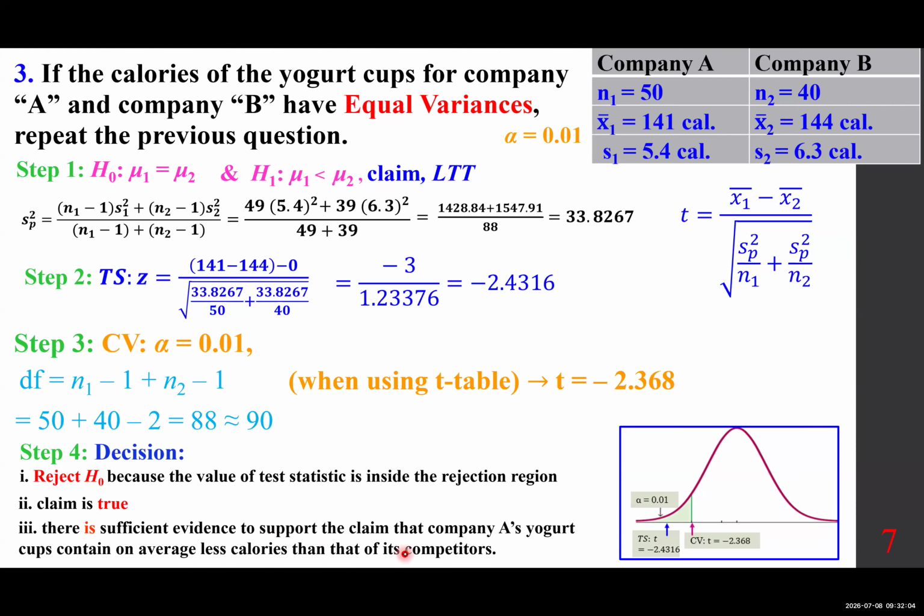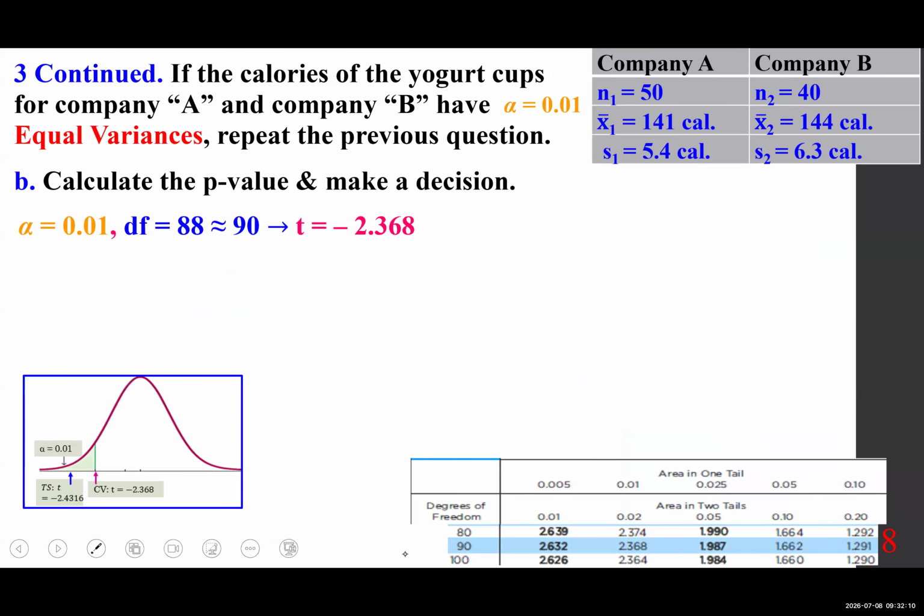So, pretty straightforward. And we're going to continue using the p-value now. So, to use the p-value instead of the critical value, again, alpha is 0.01, degrees of freedom is given. All of the information that you see is from the previous page.